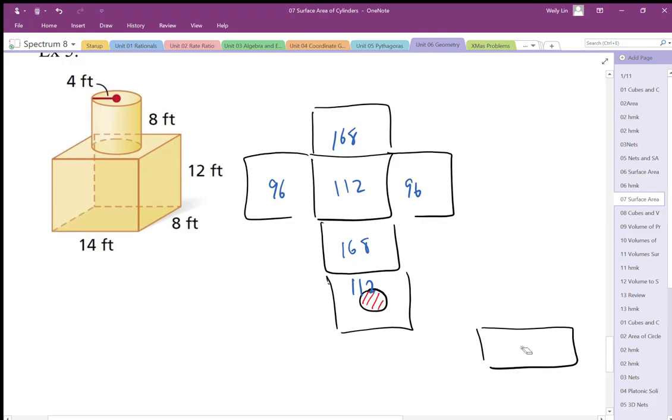The side surface of the cylinder is 8 tall, and the diameter is going to be 8. So diameter times pi is my circumference, which gives me that edge. So that's 64 pi. I'm going to leave this in terms of pi. Add up all the rest.